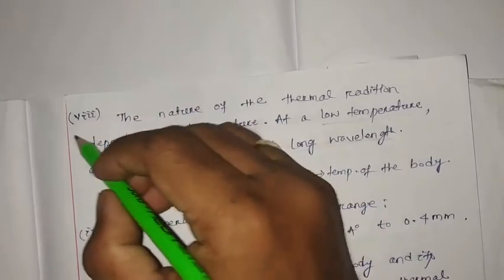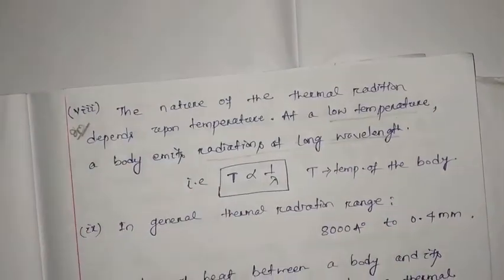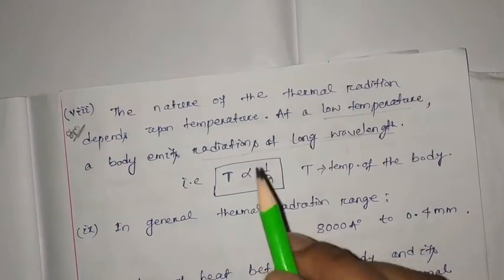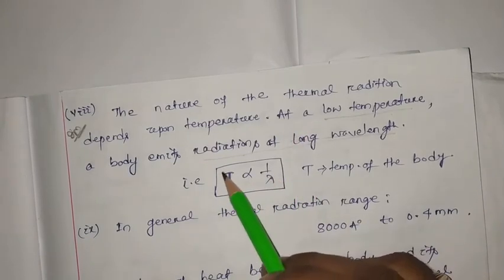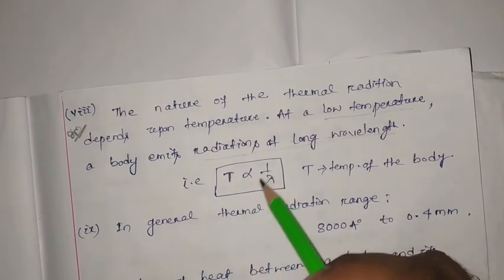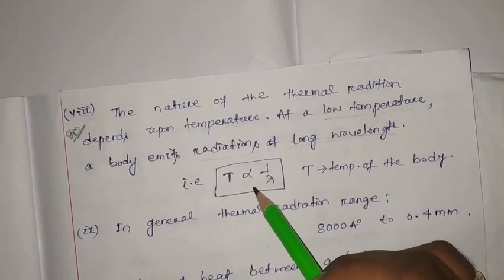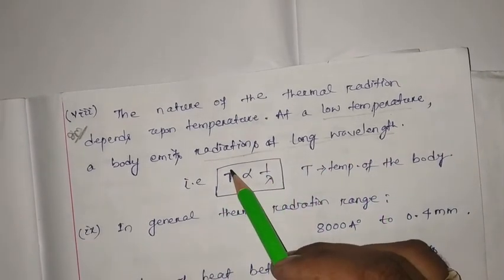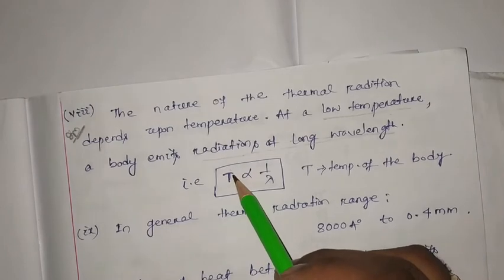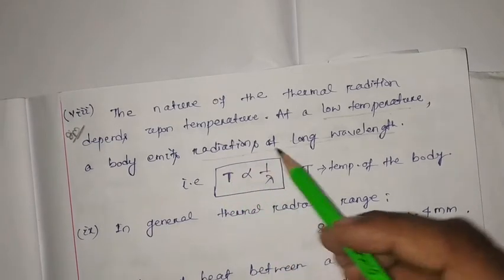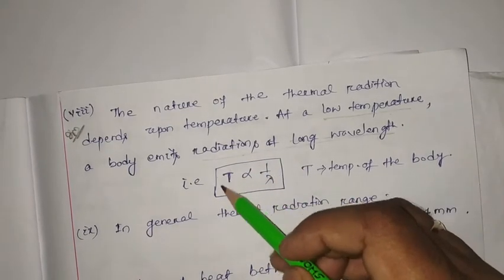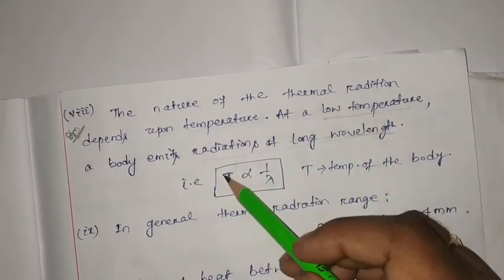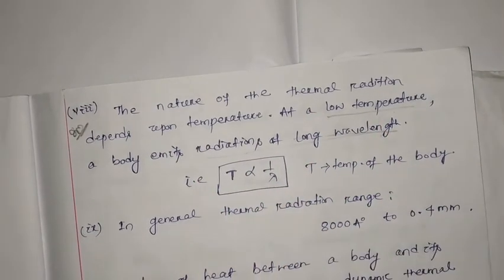This is another most important point that you have to remember. If temperature decreases, wavelength increases; both are inversely proportional. The body emits radiation of longer wavelength. Temperature increased, wavelength decreased. Temperature decreased, wavelength increased.